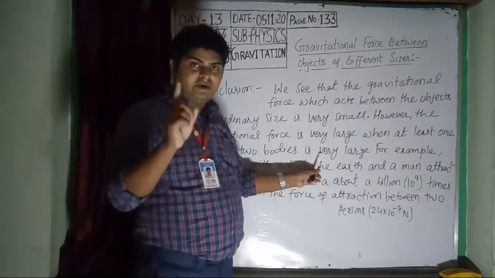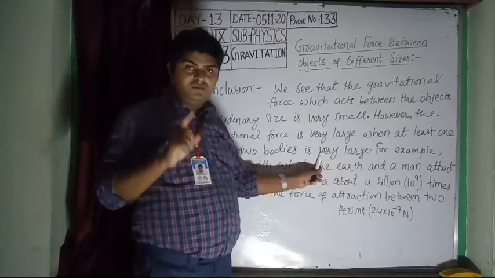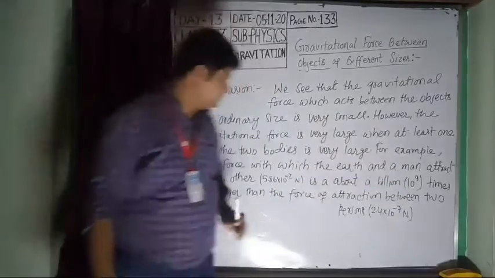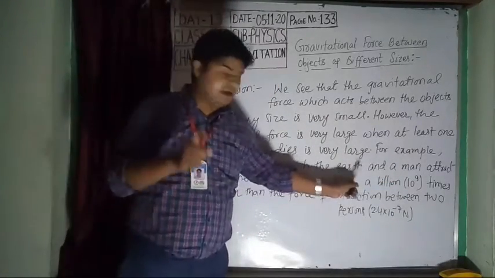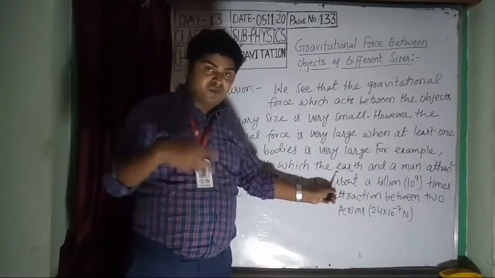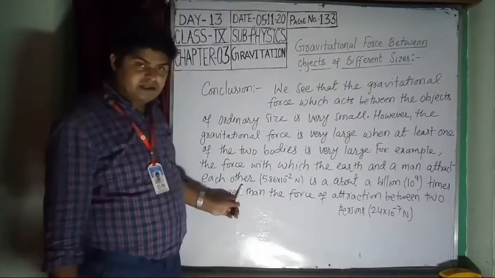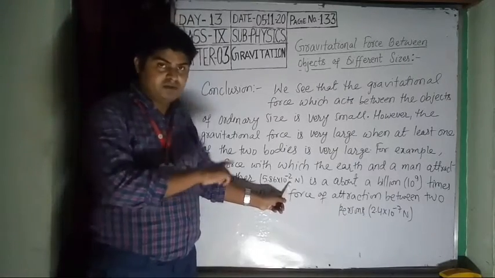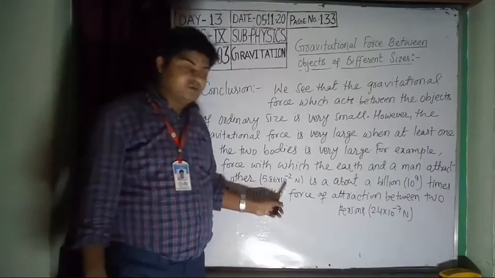For example, the force with which the earth and a man, the mass of earth being much larger than the man's mass, attract each other is 5.86 into 10 to the minus 2 Newton. I have solved it in previous classes, 5.86 into 10 to the minus 2 Newton.